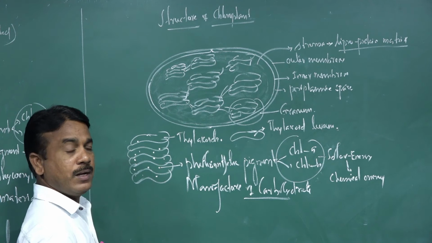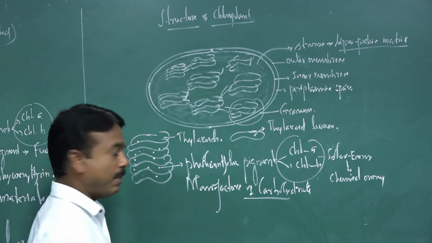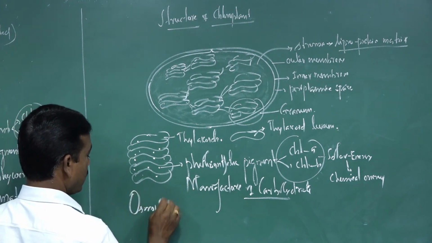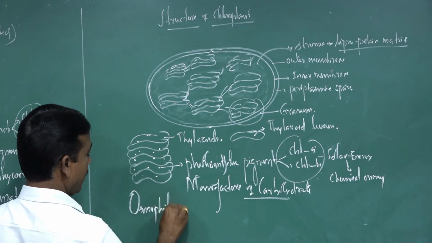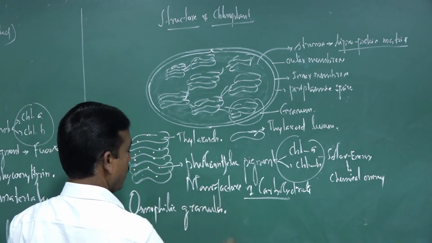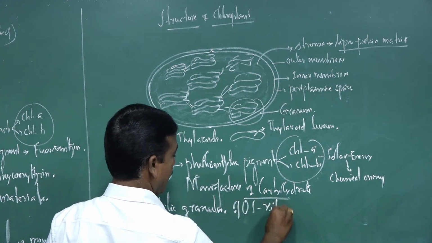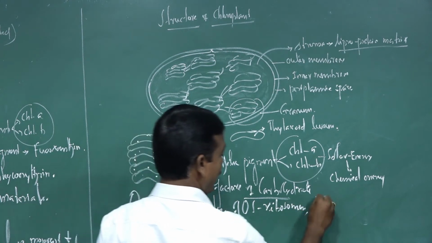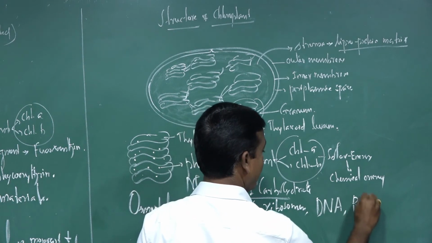Then, in the structure of the chloroplast, what are the components which are generally present? Osmophilic granules, then 70S ribosomes, then DNA, then RNA.